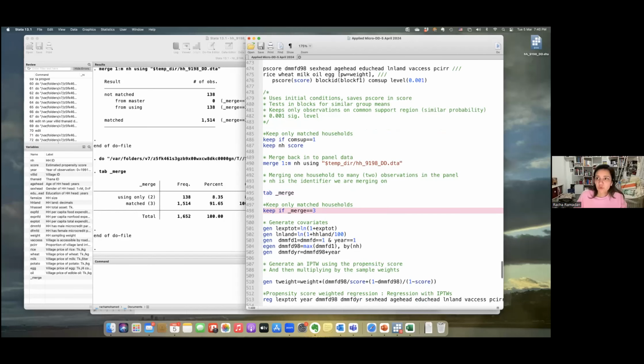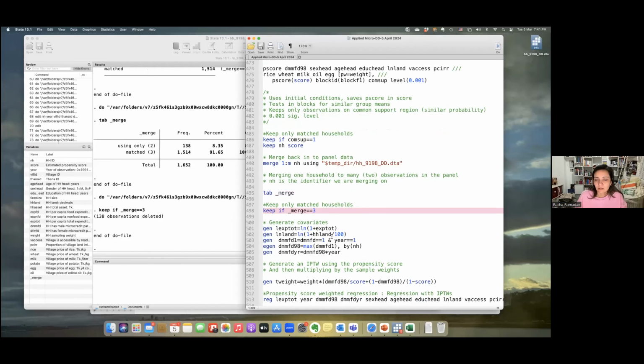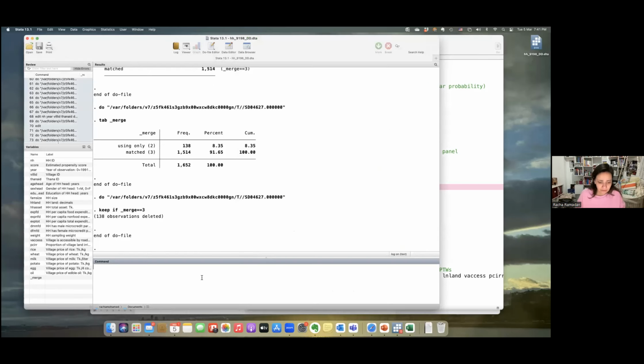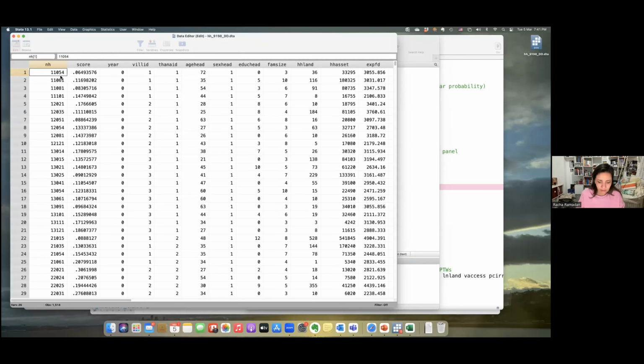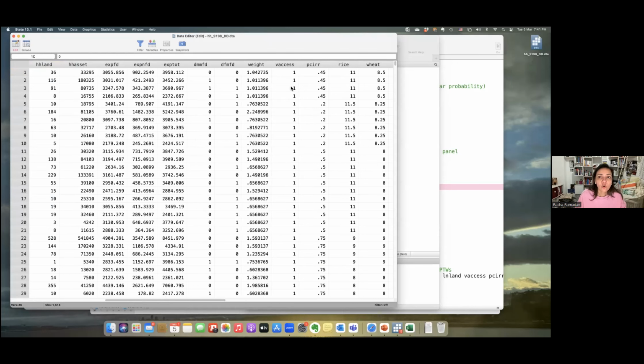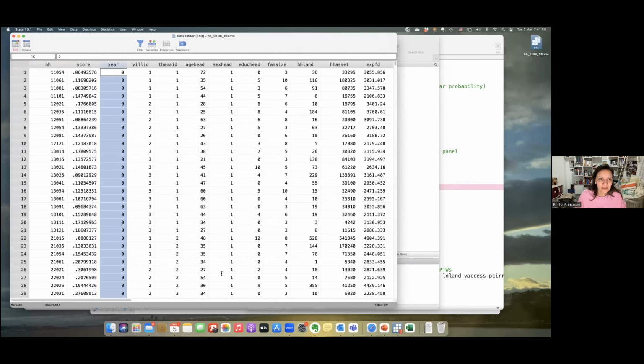I will keep those who are in the common support area, because you remember we dropped some observations that don't have a p-value because they are not in the common support area. So now, if I edit, you can see I have the household, the score of being selected into the program, the years, and all the variables I am interested in.